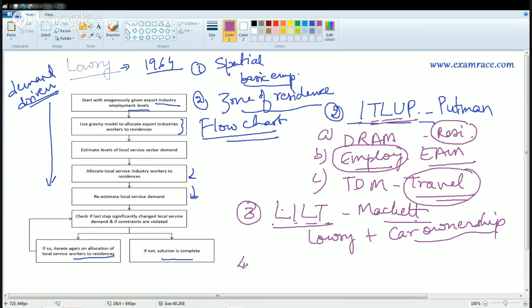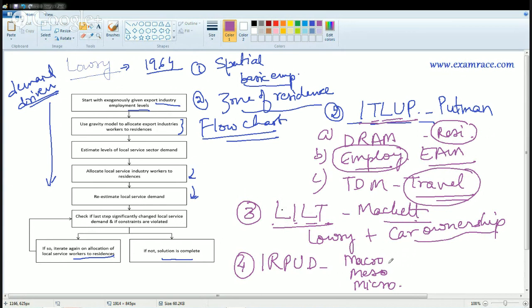The next model here is IRPUD, where we try to understand the concept of macro, meso, and micro scale. In this concept, we try to understand that there is a simulation model of intra-regional location and mobility.